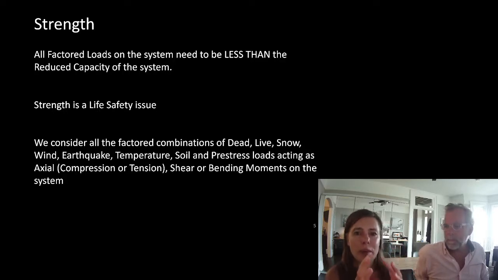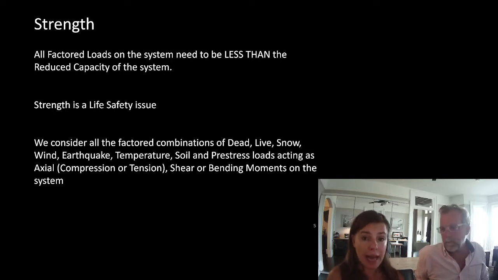Let's just assume maybe it's not as strong as it could be and we reduce it. And then that reduced capacity needs to be greater than those factored loads. And if we have that, we will have a strong enough system. This is a life safety issue. Okay, this is non-negotiable. This is something that we have to make sure happens.